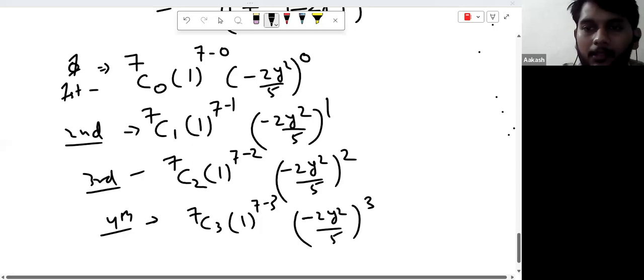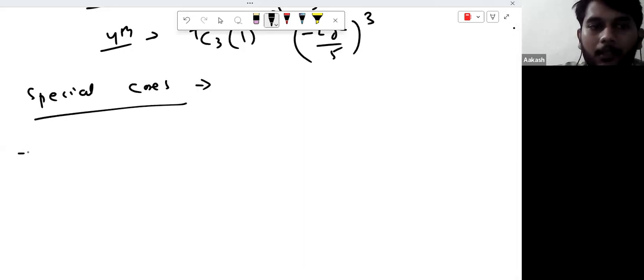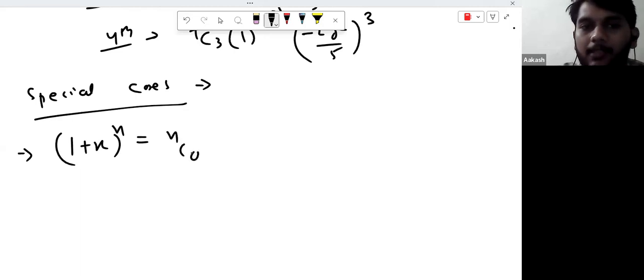Okay. Special terms or special cases. If we expand 1 plus x to the power n, what we get is nC0, and this is 1 to the power n, and 1 to the power anything is not very practical. 1 to the power anything is 1, so I'm not writing it.